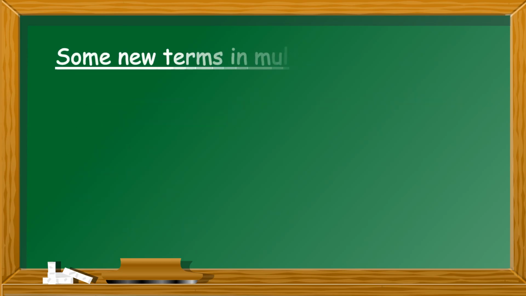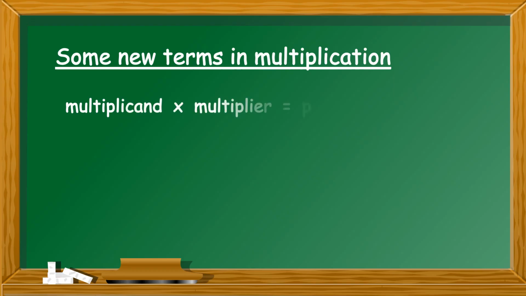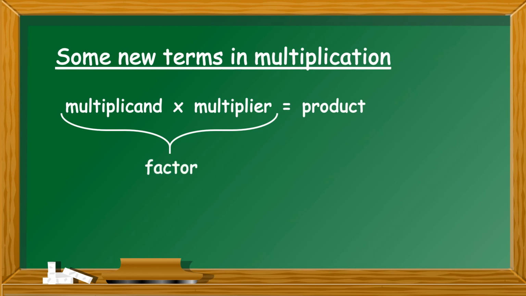Before we end, we are going to learn some new terms that are used in multiplication. You already know the terms of multiplication are multiplicand, multiplier and product. The multiplicand and multiplier are also called factors, and the product is also known as the multiple.